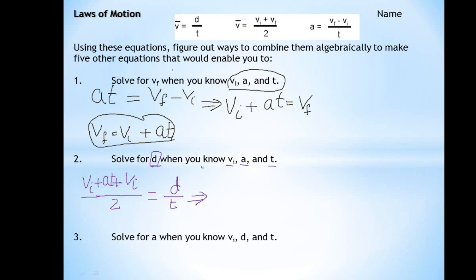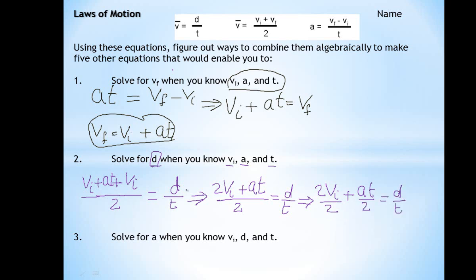Initial plus v initial will give you 2 v initial plus at, plus the acceleration times the time. The whole thing here is divided by 2, equal to the distance over time. We can write it as 2 vi over 2 plus at over 2 equal to d over t.